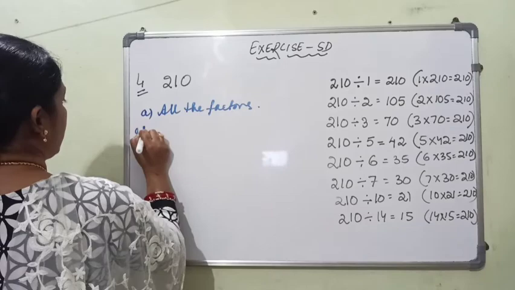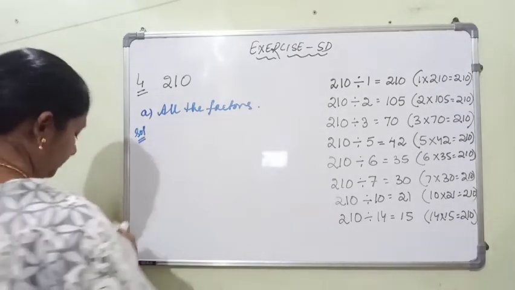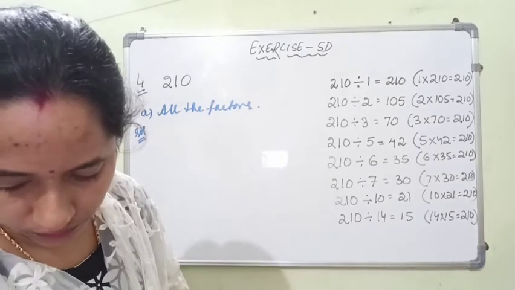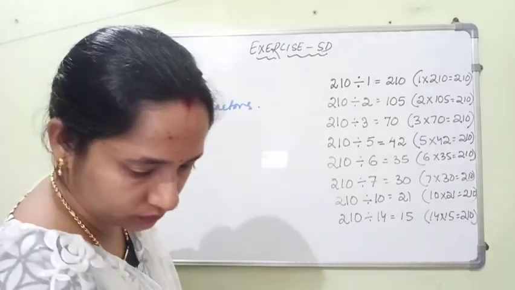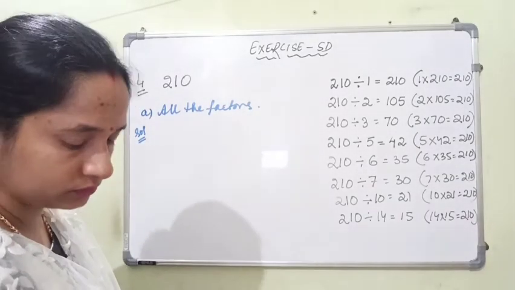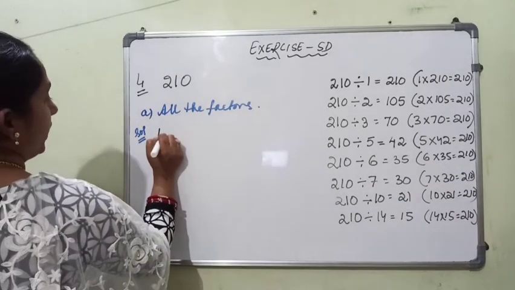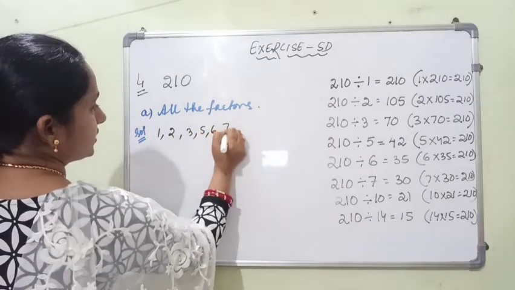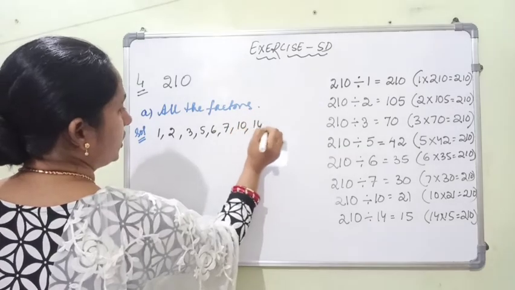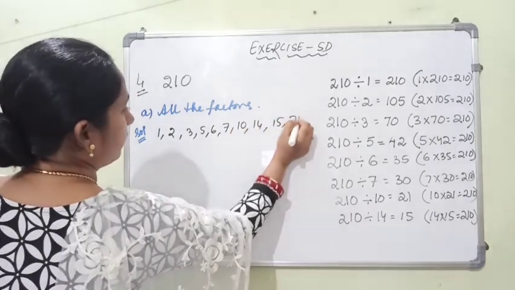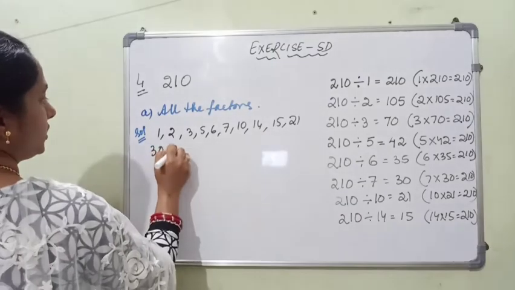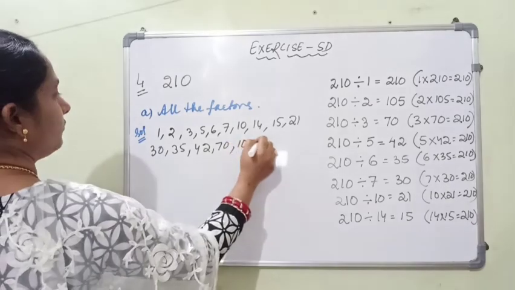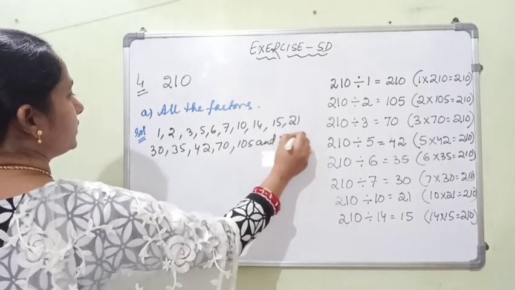So write down 1, 2, 3, 5, 6, 7, 10, 14, 15, 21, 30, 35, 42, 70, 105 and 210.